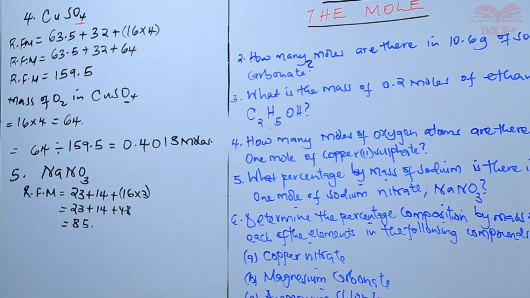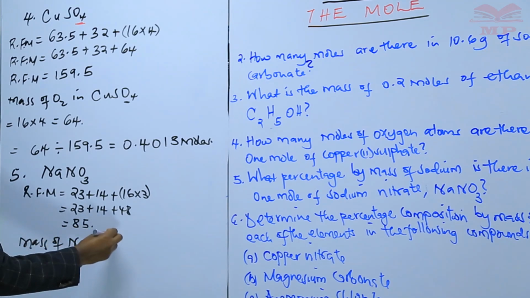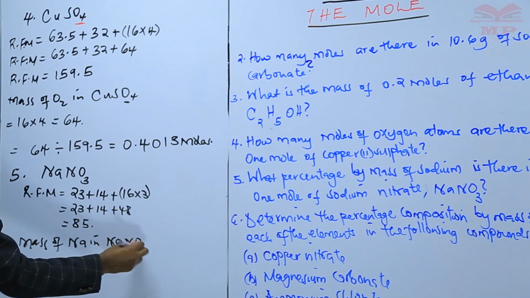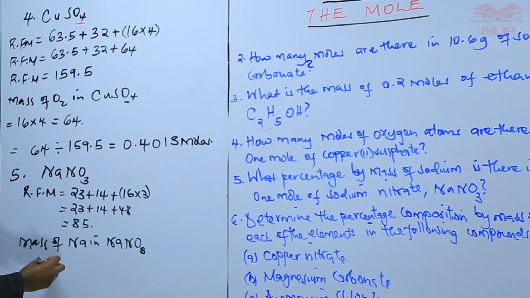And we are calculating the percentage by mass of sodium. In sodium nitrate, the mass of sodium is 23.